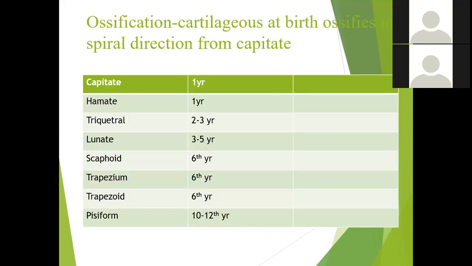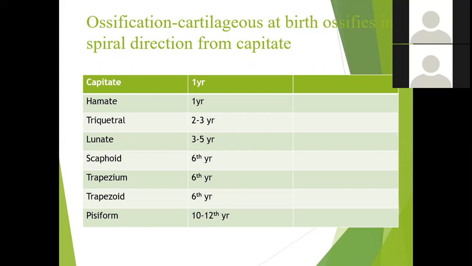Now again we are coming to ossification, how the bones are ossified. There is a speciality in the carpal bones: they are cartilage at birth, and they ossify in a spiral direction. We already know there are 8 bones arranged in 2 rows.